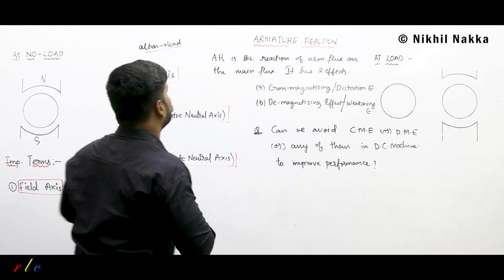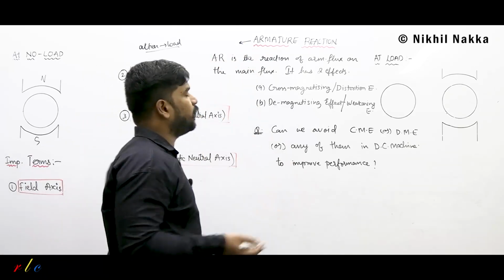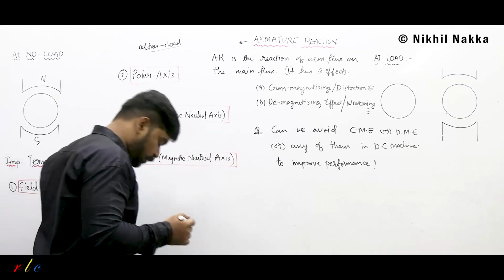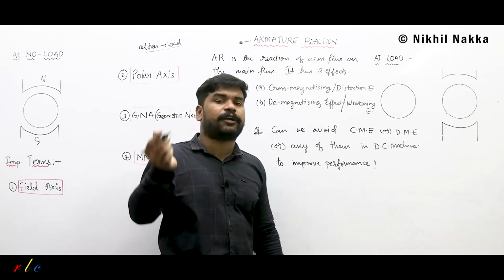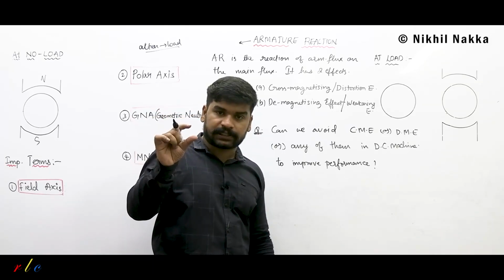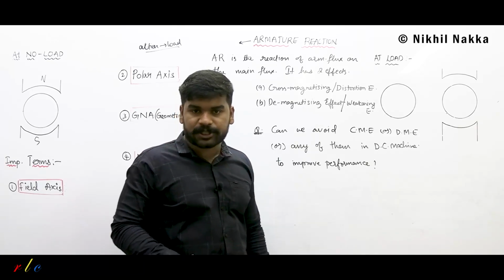Now my first question is, what is the armature winding? What do you mean by an armature winding? Earlier in many situations I explained to you, armature winding is such a winding which carries the rated current or the load current of that particular machine.